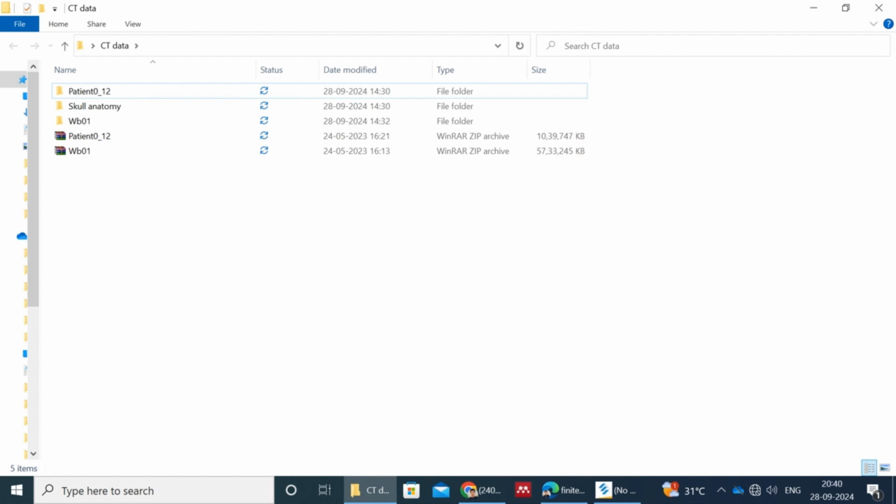Okay. Yeah, it is now. Okay, can you see this folder, CT data? I think it is visible, right? CT data folder.